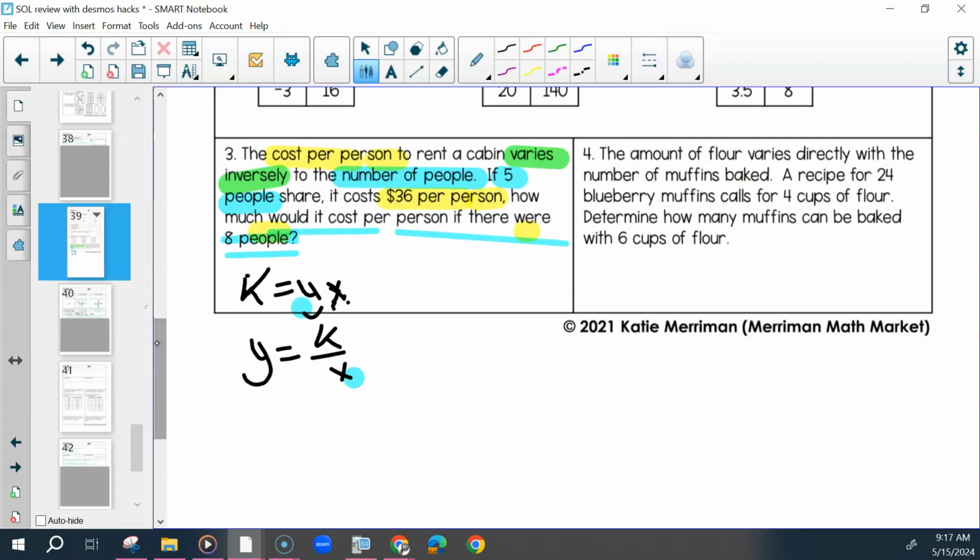So to find k, I need to multiply the given x and y. Or you could set this up, so I'll show both. The given x and y would be the first 2 numbers you see, 5 and 36. Multiply that. So what you get?